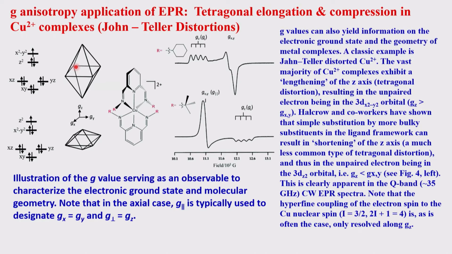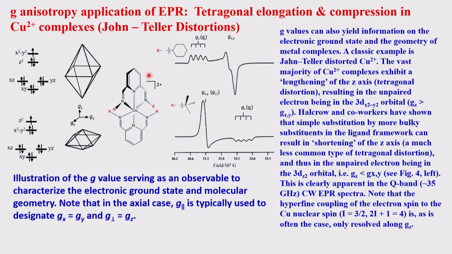For example here, this together is octahedral, but there are some ligands which are protruding out, R groups. These R groups have a steric effect, so they turn the geometry a bit and get stabilized into the situation where there is one unpaired electron in the z square, not in the x square minus y square. So there you get the shortening. So tetragonal, the shortening kind of a distortion.